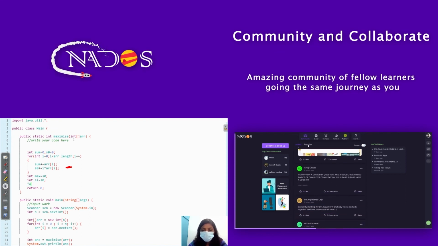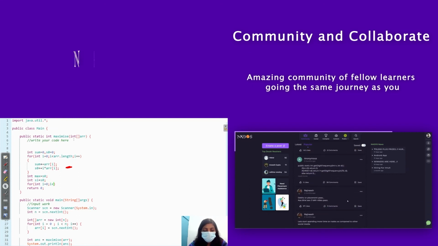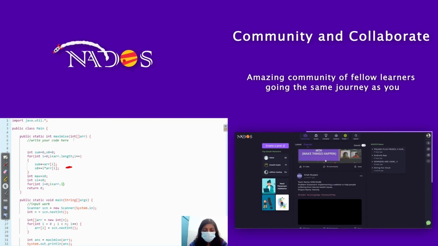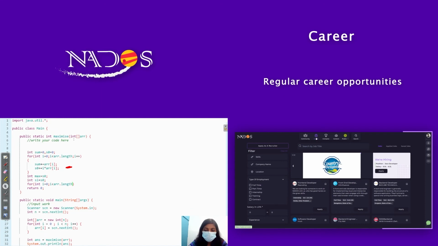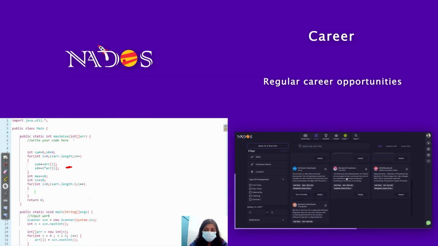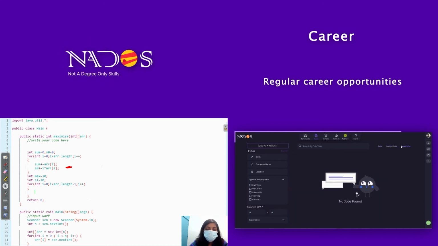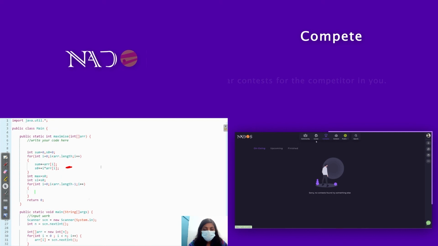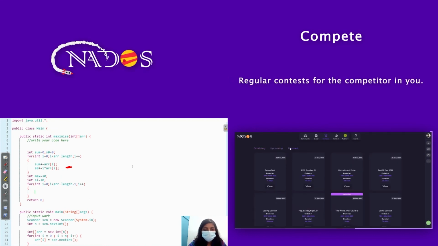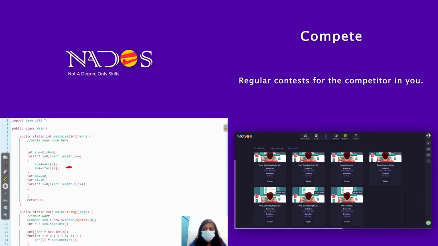Now for int I equals 0, I less than arr dot length minus 1, I plus plus. Why am I running this loop till n minus 1? Because if my n is equal to 5, I will have to run this loop till 3, because with the help of 3 I am going to find out Si plus 1.